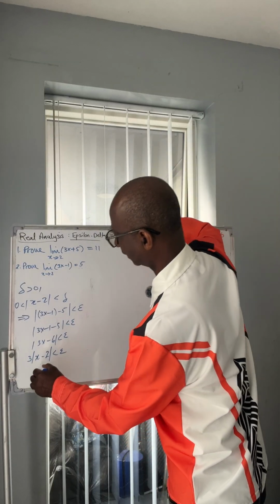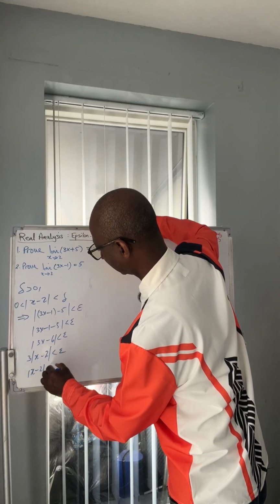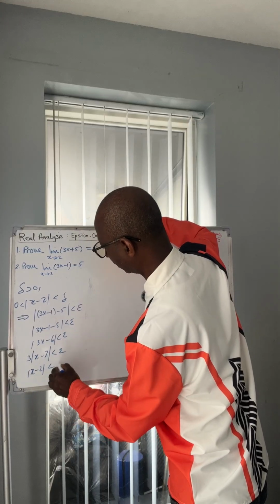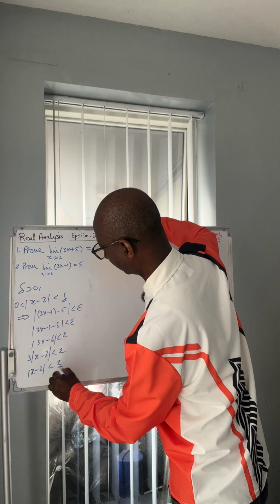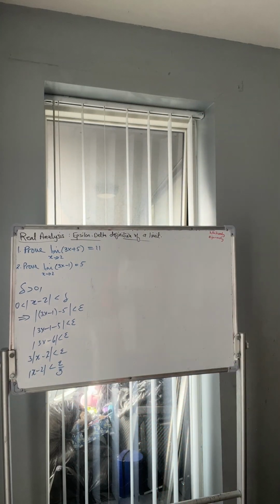So that means the absolute value of x minus 2 is less than epsilon divided by 3. They look alike, epsilon and delta, although they face in opposite ways. So that is what we got for delta.